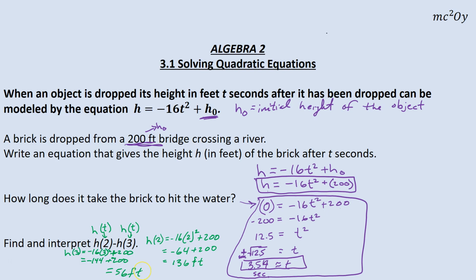All right. So it says find and interpret h of 2 minus h of 3. Well, that means h of 2 minus h of 3, h of 2 being 136, minus h of 3, which is 56, gives me 136 minus 56, which is 80.